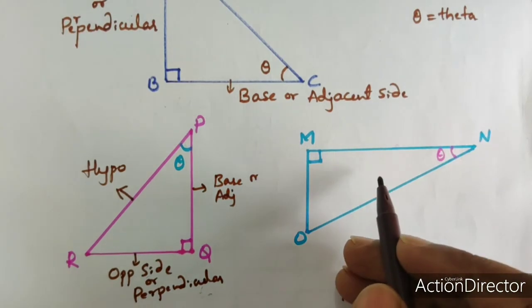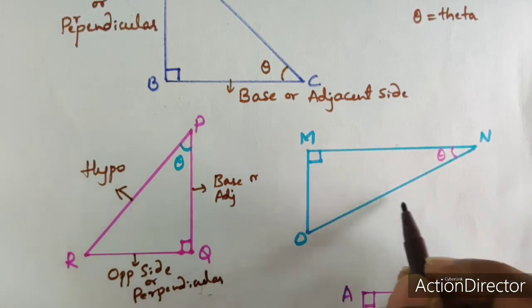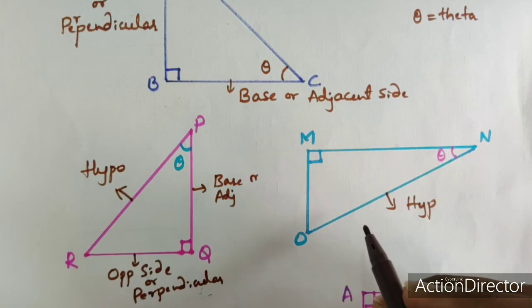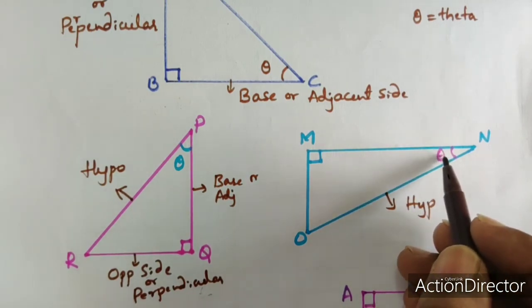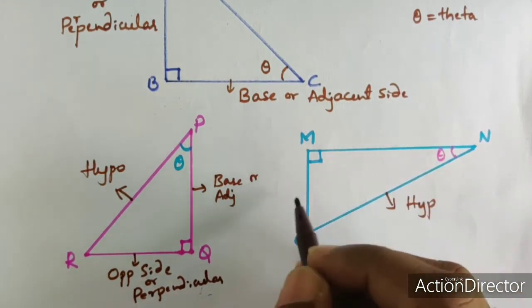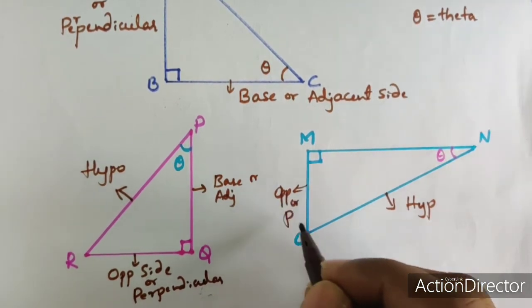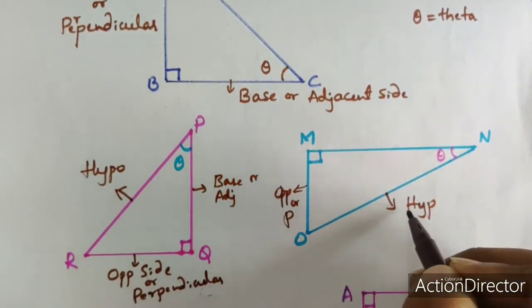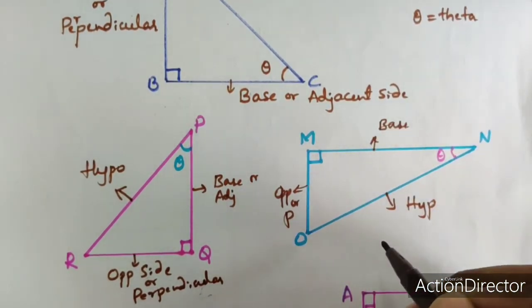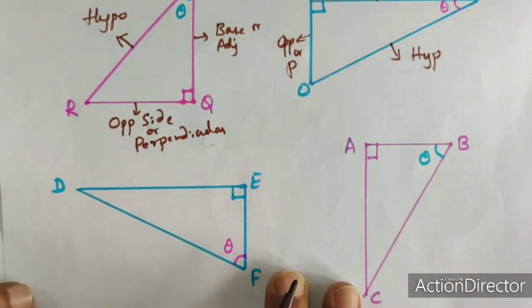In the same way, you have another right angle triangle here. Here it is 90 degrees, and the longest side opposite to 90 degrees is called the hypotenuse. How do you identify the opposite side? The opposite side is always opposite to the given angle theta. So MO is your opposite side, either called the opposite side or perpendicular, P. Hypotenuse finished, opposite side finished. Now the remaining side is known as the base. Two more are there for your practice.